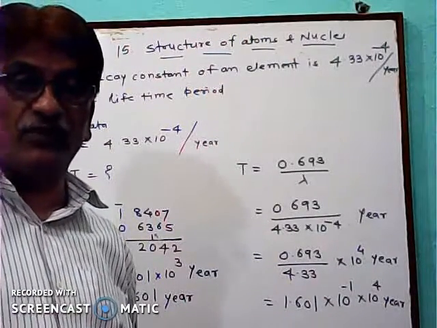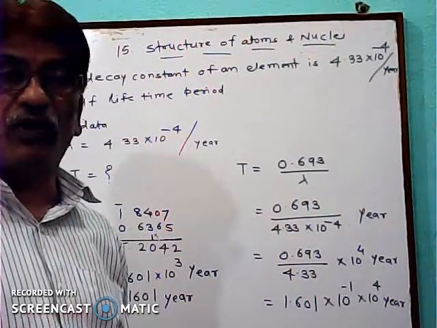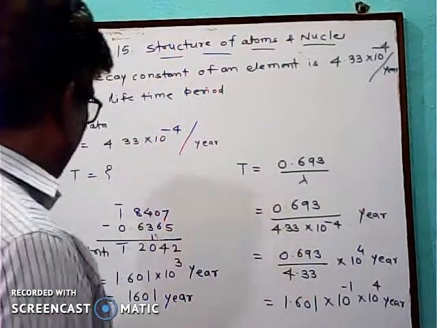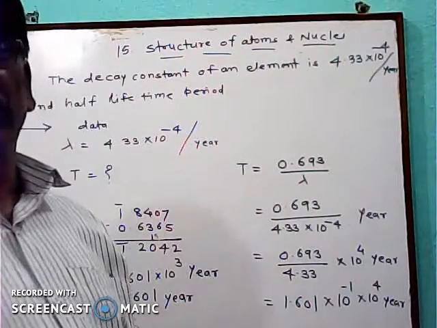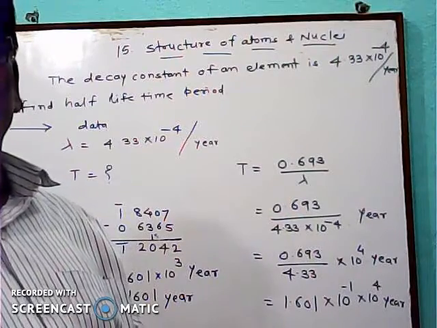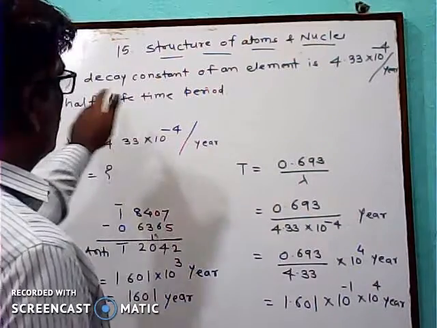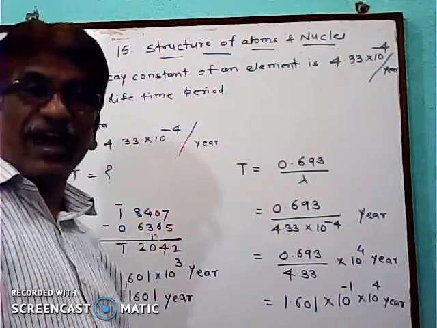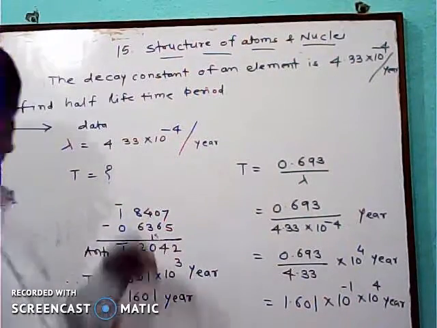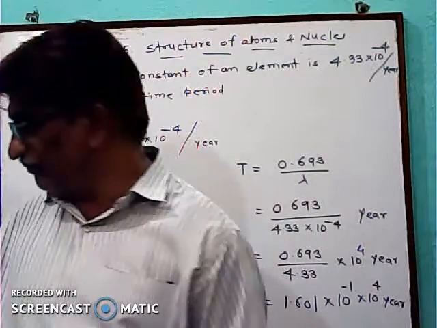If an MCQ is asked and an option is given for 1600, then you can choose that the half-life time period is 1600 year. This question can also be asked another way: if the time period is given, then we can find the decay constant.